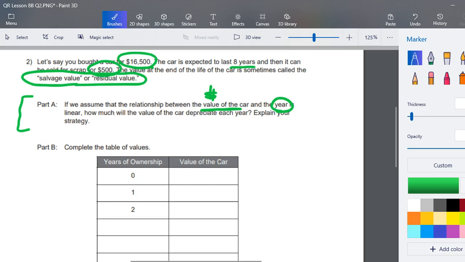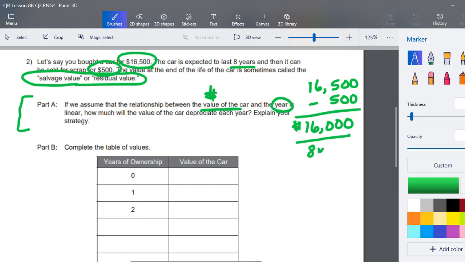Grab a calculator, do something where you play around with your numbers, but ultimately you have to involve the purchase price and the ending price, where we're starting, where we're ending up, and the difference between them is $16,000. But we're processing this across 8 years, and so that's about a depreciation of $2,000 for every 1 year. This is one way to do it, the calculation.